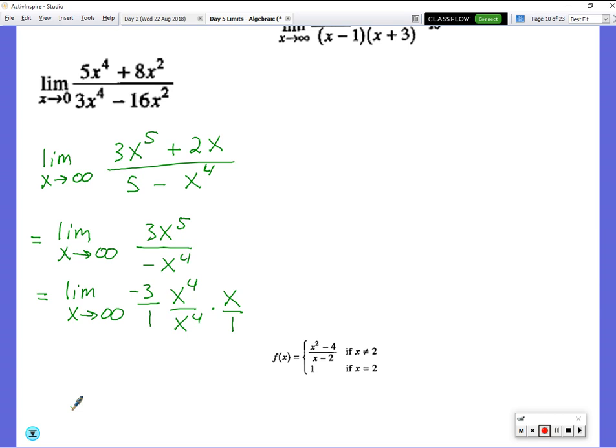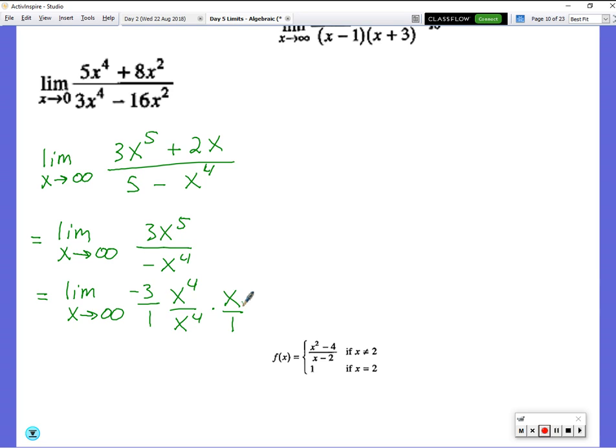So what would the answer be? Would it just be negative 3x? So what's going to happen now is when x gets really, really large, well, this is a large value divided by the same large value, so that's exactly equal to 1. That's why I don't like the word cancel. It doesn't cancel, it just divides to become 1. This is just negative 3. But this just keeps growing and growing.